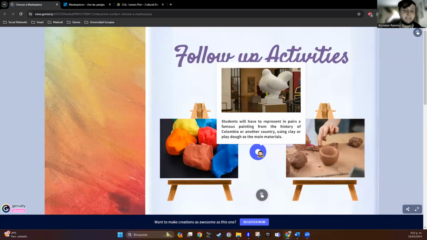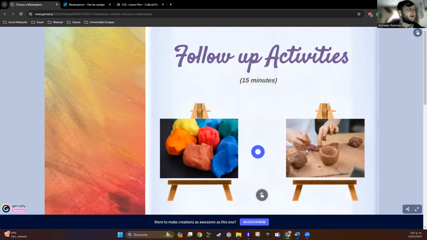Because clay is one of the most emblematic and symbolic materials in Colombia used for creating different art crafts. That's why this material should be used in this activity, because it's going to foster cultural heritage and creativity for students. Here you have a short sample about how some sculptures of Fernando Botero were created.